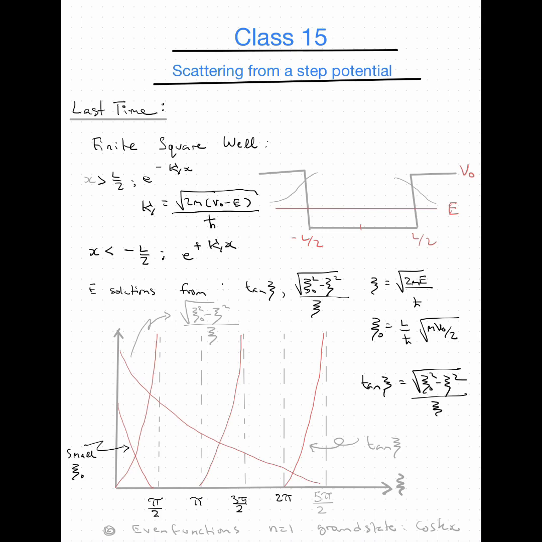So before we've been talking about pretty much when the energy of the particle is less than V0, but what happens when the energy is greater than V0 and one side is not bound?